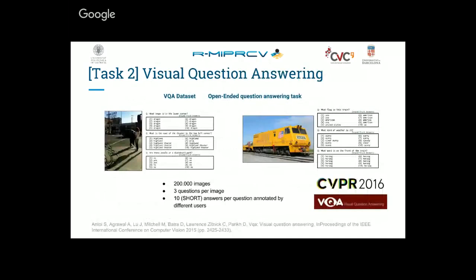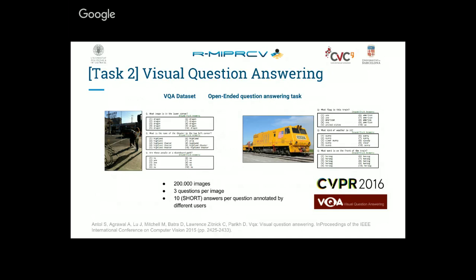Then another one of the problems that we worked on is the visual question answering problem. In this case, we participated in the CVPR VQA challenge. And here we've got a little bit of information about the dataset that we used. This dataset is composed of 200,000 images, and each image has 3 questions, and each of these questions has 10 different answers.